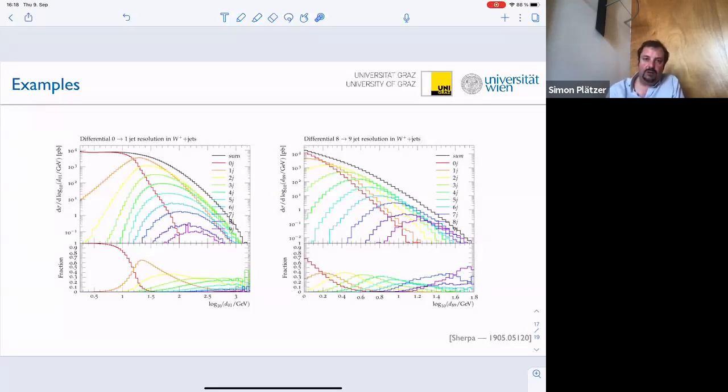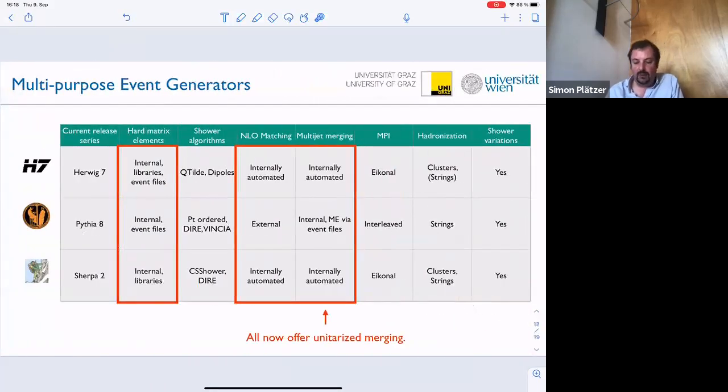But the big advantage of unitarization is that we iteratively and systematically control and produce approximate higher order corrections, which you can then replace by exact ones once they become available. And this you can also see in the development of the current state of the art of multi-purpose event generators, which of course can describe multi-jet physics.